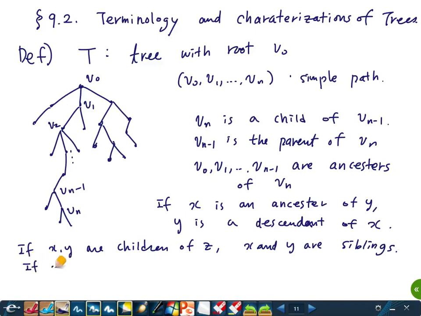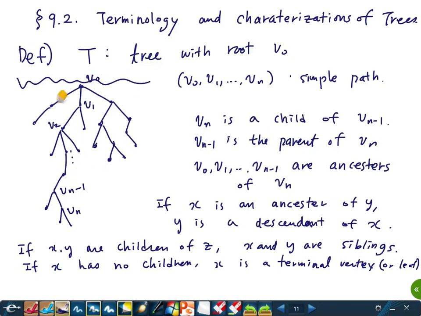If X has no children, then we say that X is a terminal vertex or leaf. Actually, it's a tree. Think of this as a tree upside down. So this is a root. So this is the ground, and this at the top is going to be a leaf, right? So that's why it's called a leaf. The terminal vertex or leaf.